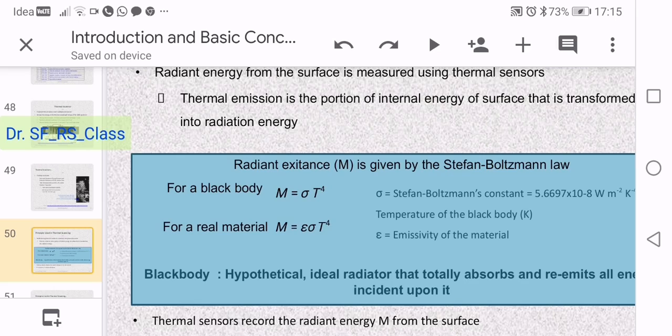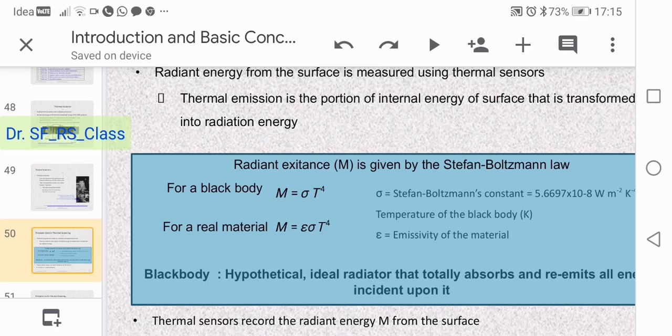And for a real material, the radiant excitance M equals epsilon sigma T raised to 4, where epsilon is the emissivity of the material, sigma is the Stefan Boltzmann's constant, and T is the temperature raised to 4.